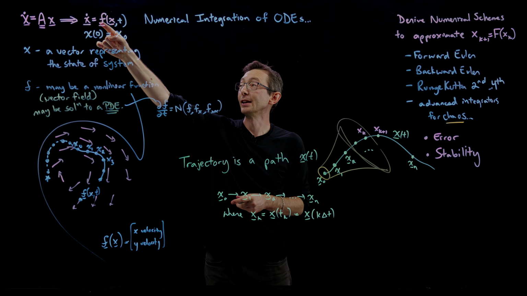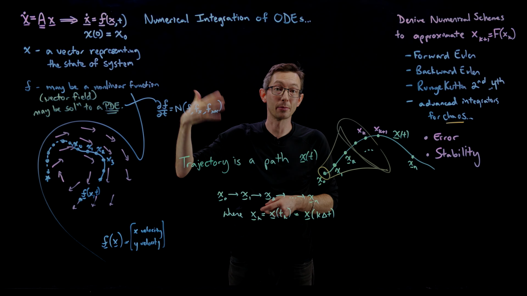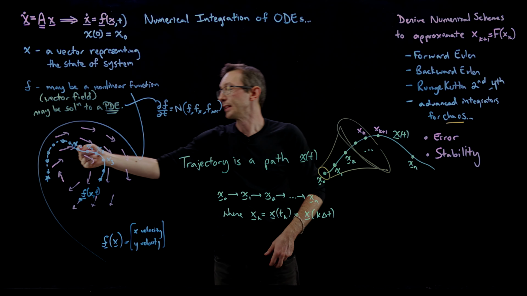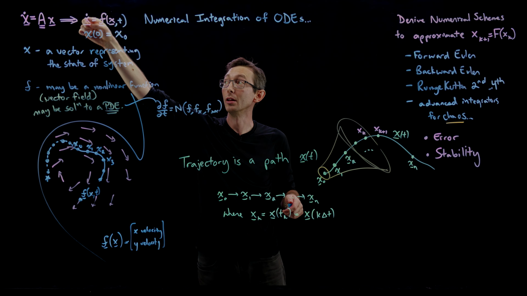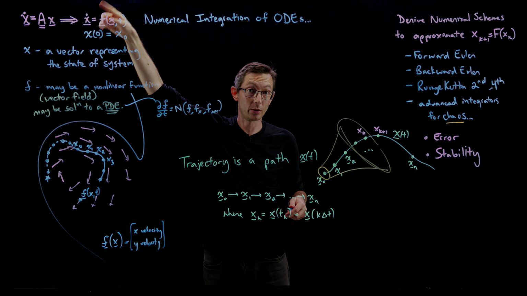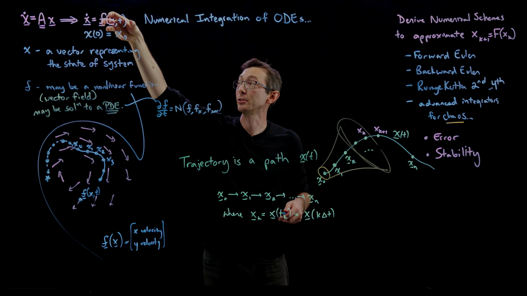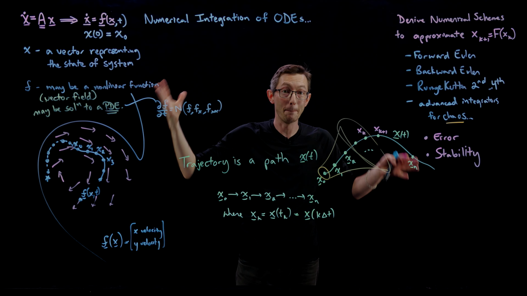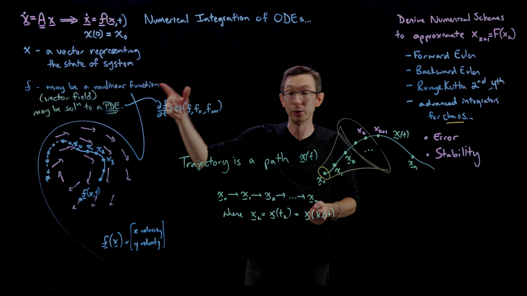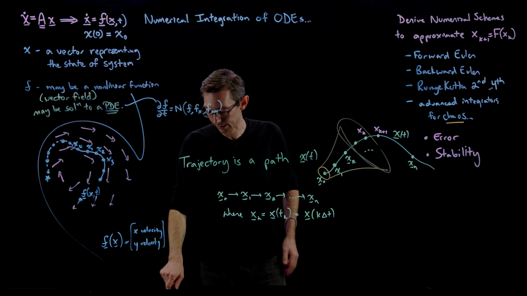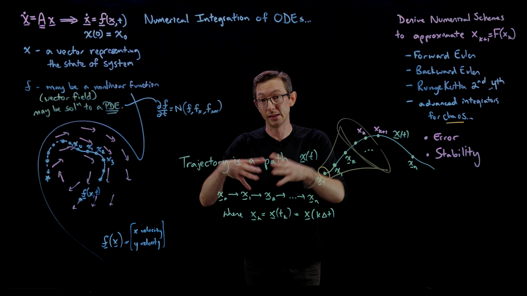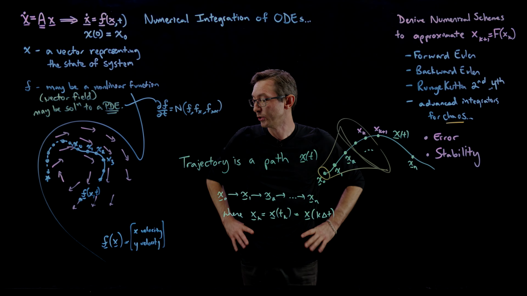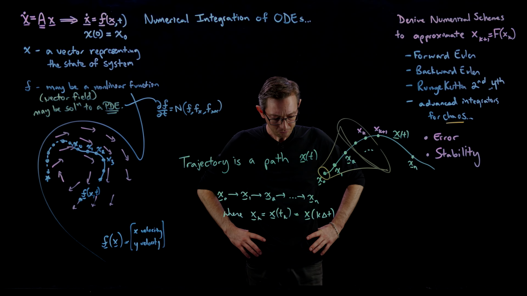So the function f itself might be the solution of another partial differential equation. And so we're interested in this lecture series on integrating a particle through this ordinary differential equation vector field, but that vector field itself might be the solution of another bigger dynamical system, like the fluid flow equations, like the Navier-Stokes equations. Okay, so I just think that's kind of interesting. There are layers and layers of complexity of where you can zoom into these systems.